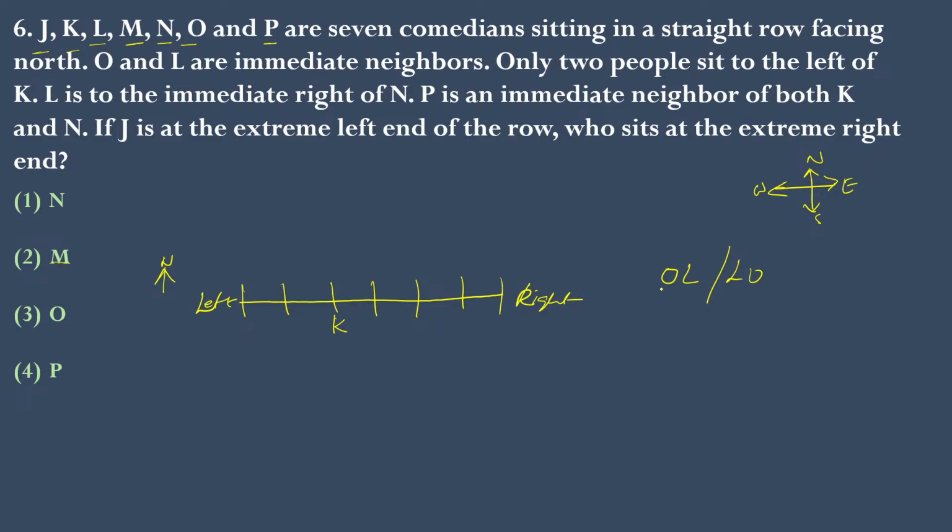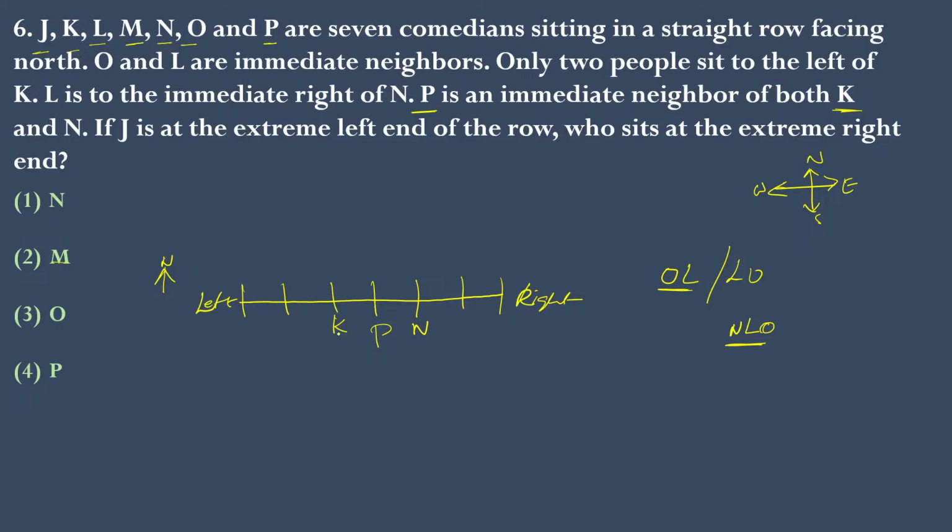So if you see that, this placement is not correct, because L is immediate right of N. L and O are neighbors, so N, L, O will be the combination. Next, P is an immediate neighbor of both K and N. Here K is there, and if you write N at the extreme end, we cannot place L and O. So I am writing N here, and if you write P here, you will satisfy the condition.